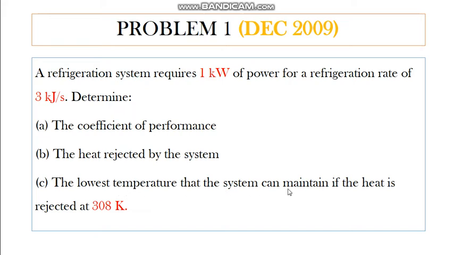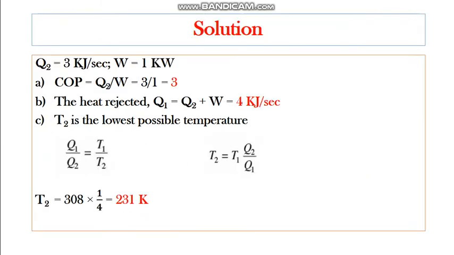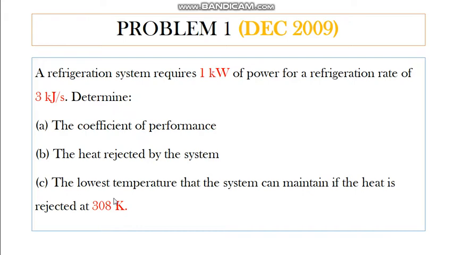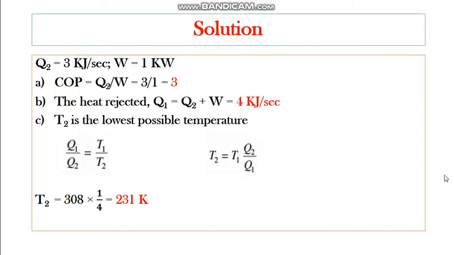We also need the lowest temperature that the system can maintain, which is T2. The higher temperature, at rejection, is 308 Kelvin, which is T1. So in your question you are given T1, and we need to find T2, Q1 and COP. Okay, now we'll move to the problem.